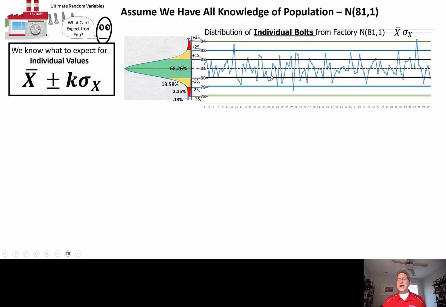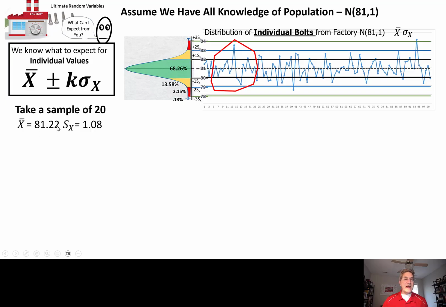And you remember we plotted 1,000 volts. We said, look, let's assume we have full knowledge of our population, which we never do. And we kept plotting volts, and it's going to look like this. Most are going to fall within 1 standard deviation, some 2, and a few out there like that. Okay, now let's say we come in and we take a sample of 20.